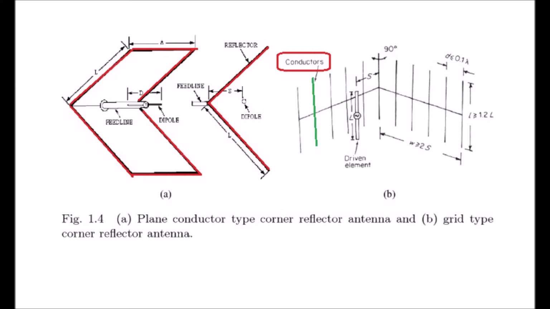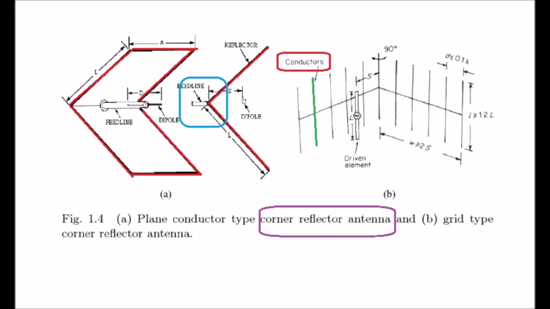The effectiveness of the reflecting sheet can be further enhanced if it is bent into two sheets, intersecting at an angle, as shown thus. The resulting structure is known as a corner reflector antenna.